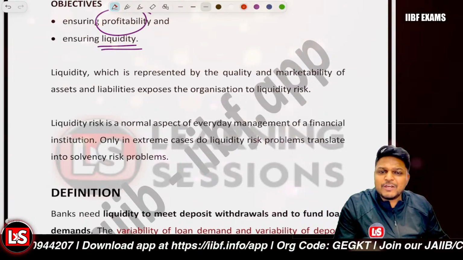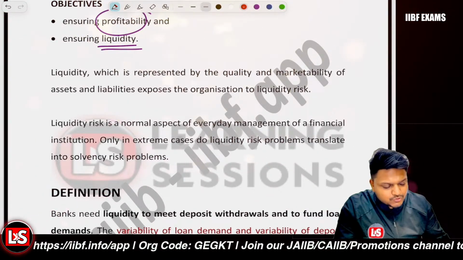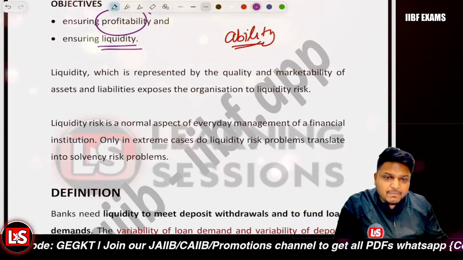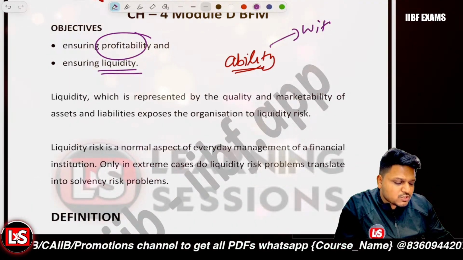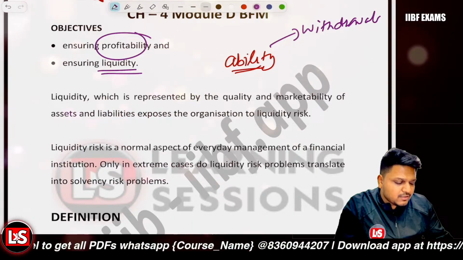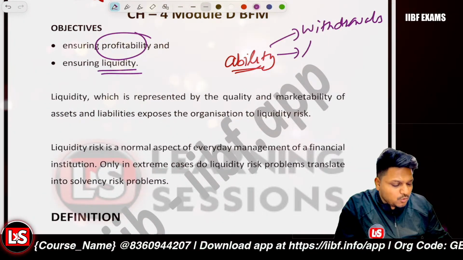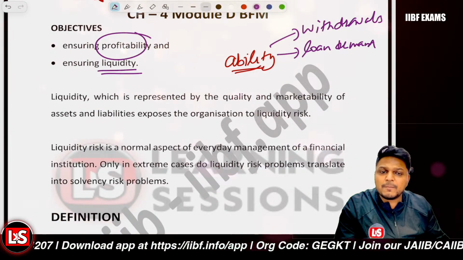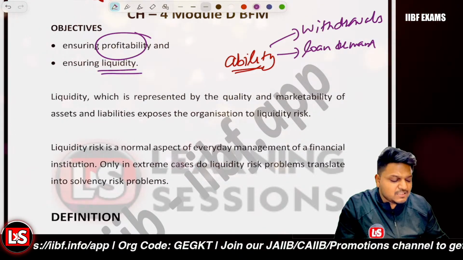So what is the meaning of liquidity? Liquidity refers to the ability of the bank. It is the ability to meet withdrawals: whatever withdrawals are there from the bank, we have the capacity to pay them. Whatever loan demand is there, we are able to fulfill it, and further we are able to generate funds at a reasonable cost.